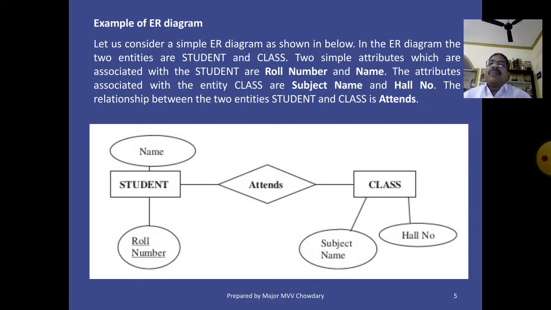The relationship between the two entities, student and class, can be represented in the diagram as attends. Relationship name is attends. Attends is the relationship between student and class entities. We can represent the ER diagram in this way.